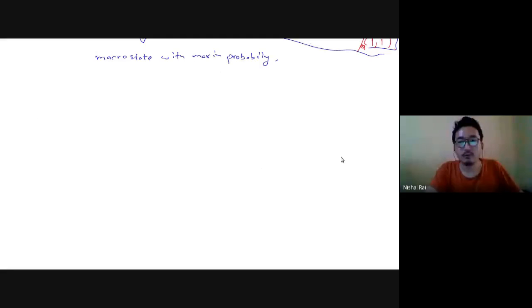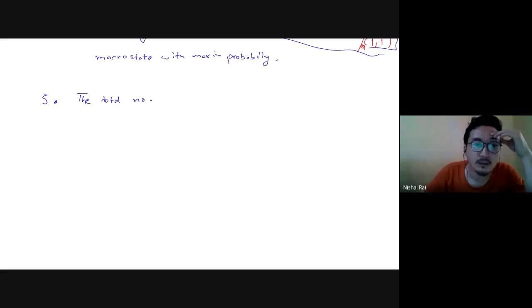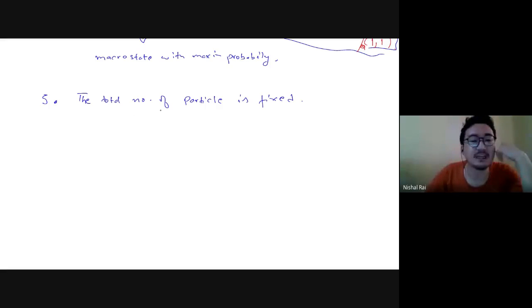Now we move on to your fifth. For a given box, the total number of particles is fixed. This is basically the conservation of the total number of particles.